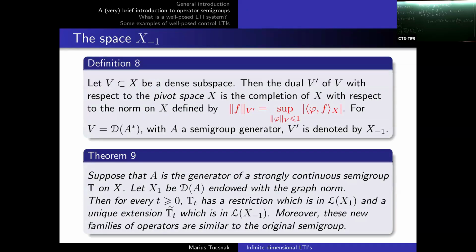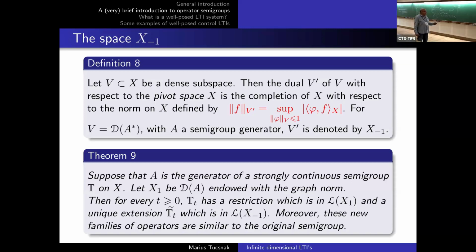Now something which is important for control, at least in an abstract setting, is this space X minus 1, which is called in some literature an extrapolation space. So what is this? It's the completion. I begin with a classical construction which people working, for instance, in linear elliptic PDEs are very familiar with.